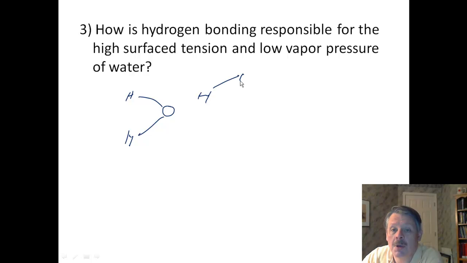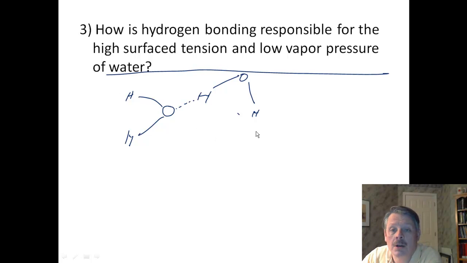Again, we're talking about hydrogen bonding here, where this hydrogen and this oxygen have an extremely attractive force between them. Now this is all in the plane of the water, in the top of the water. And so now we've got another oxygen that's attracted to hydrogen, like that, and more oxygens that are attracted over here, etc. Okay, and all this is in the top plane of the water.